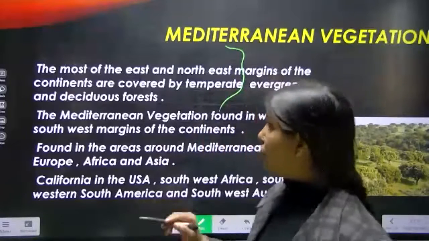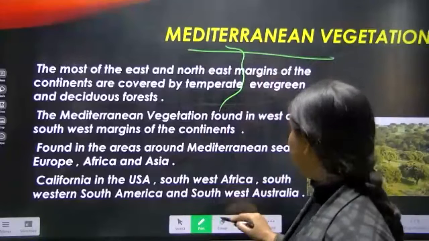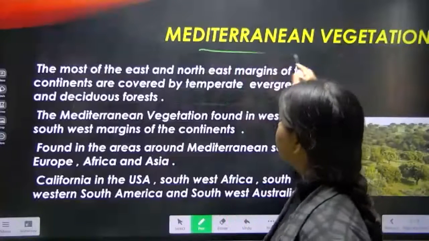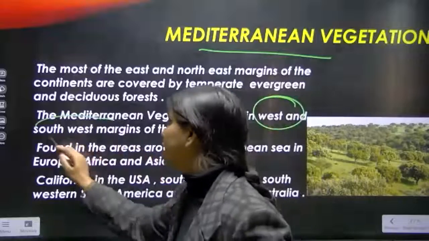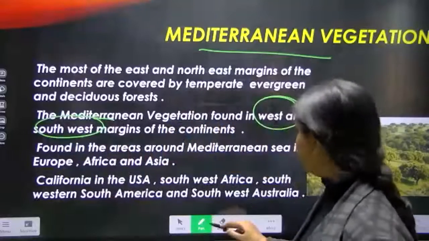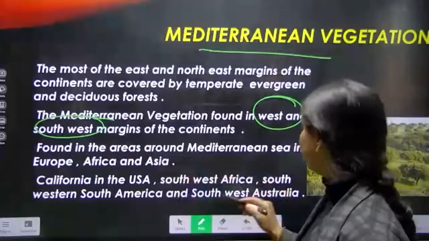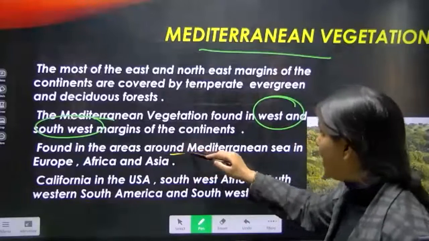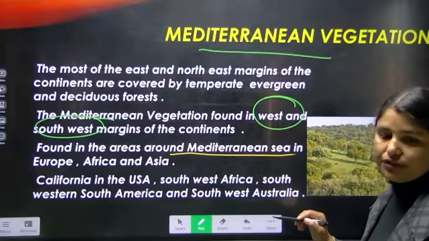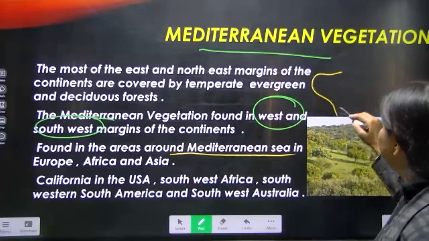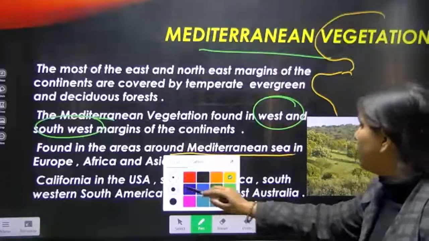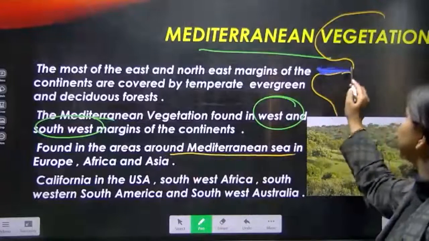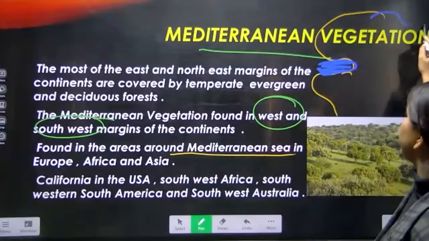So where we found this Mediterranean vegetation, we found it in the west part and the southwest part of the continent. Just see, the same it is giving over here. It is around the Mediterranean Sea only. Where you see like this is Africa, here it is Europe, and in between only the Mediterranean Sea is there. Okay, try to understand the thing.